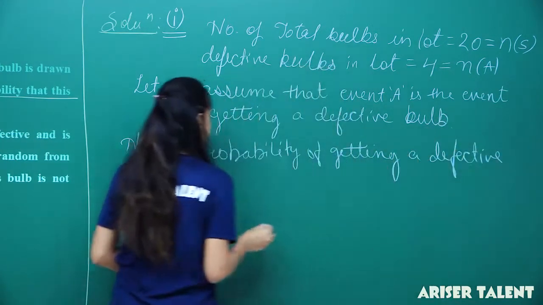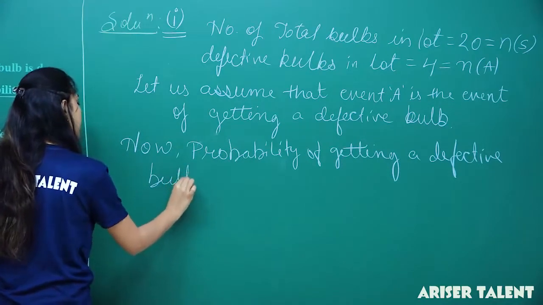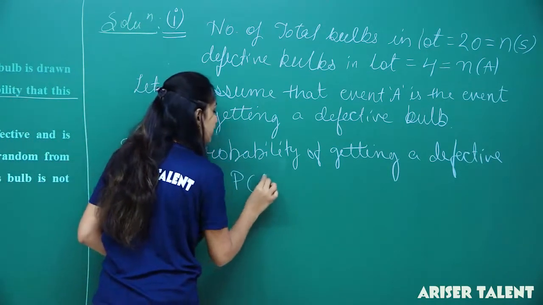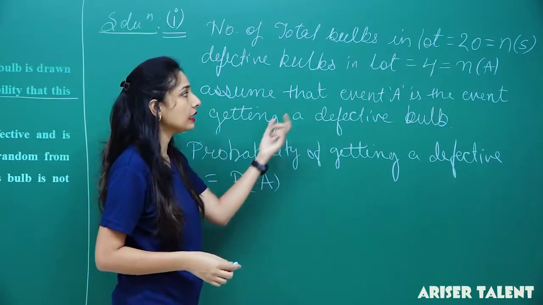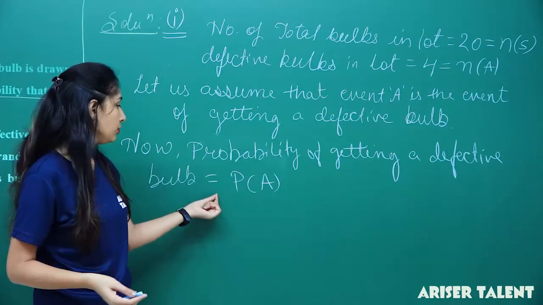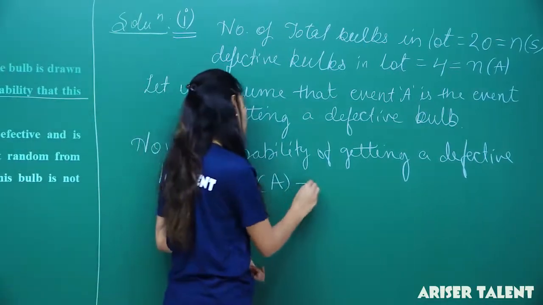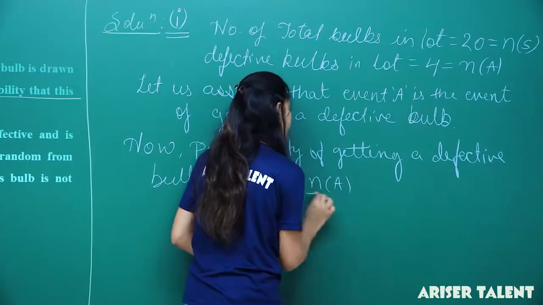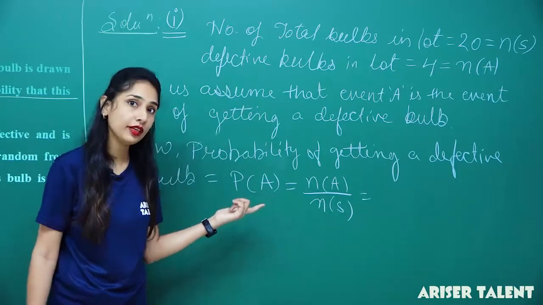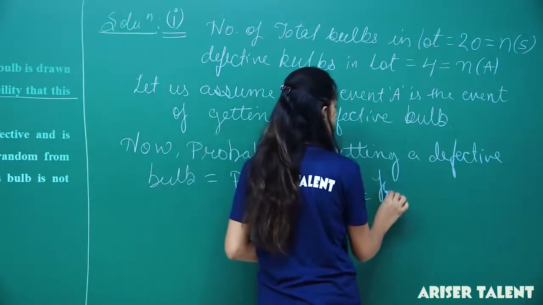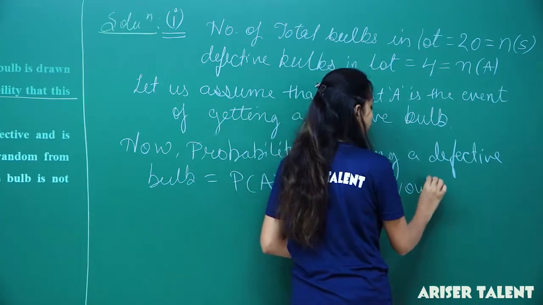Defective bulb, right? Is equal to what? How do we denote it? P(A), because we have assumed that the event that has occurred is A. So that will be P(A) and that will be equal to n(A) by n(S). And this is our favorable outcome. Yes, favorable outcome.